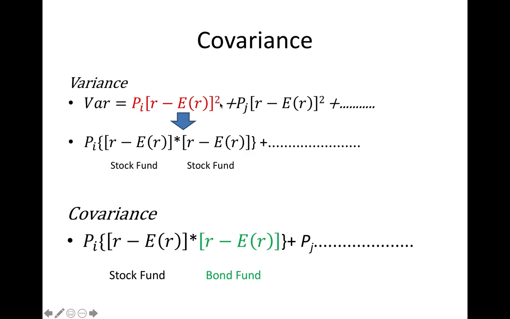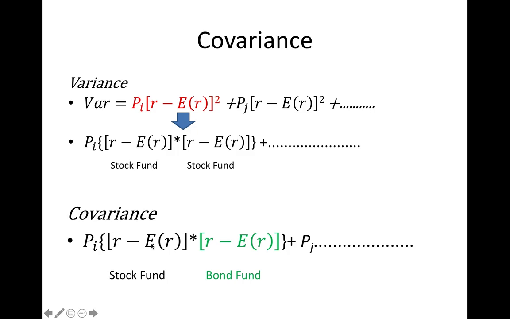Expanding just one side, say for the recessionary period, we get the probability of the recession multiplied by the actual return less the expected return, squared, meaning multiplied by itself. So when we are talking about variance, we are talking about how a particular investment varies about itself, literally.